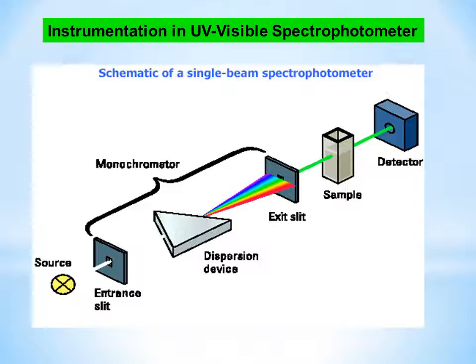Then that monochromatic radiation passes through our sample. There some is absorbed in the sample, and the remainder is transmitted. That electromagnetic radiation falls on the detector, where it is converted into electrons and then current, amplified if necessary, and then recorded as a digital display, or we can directly get our spectra. So this is the single beam spectrophotometer.